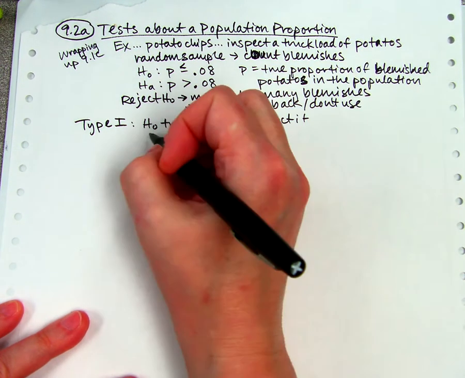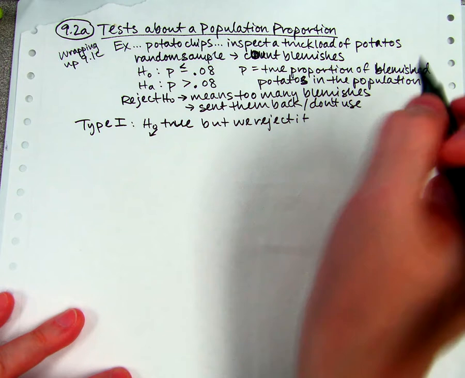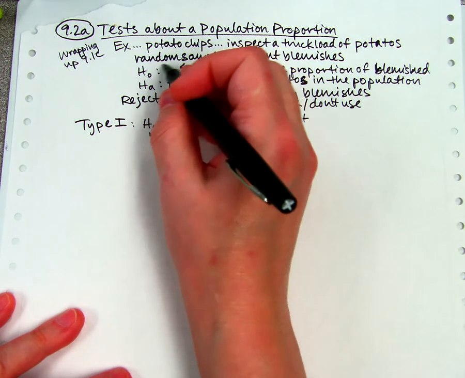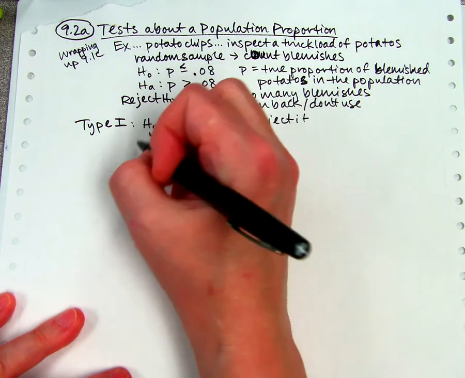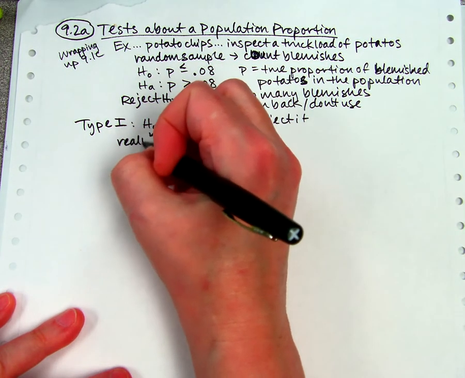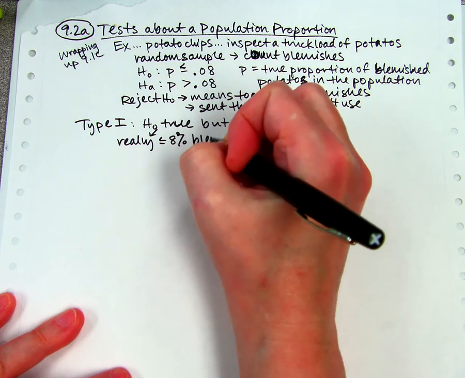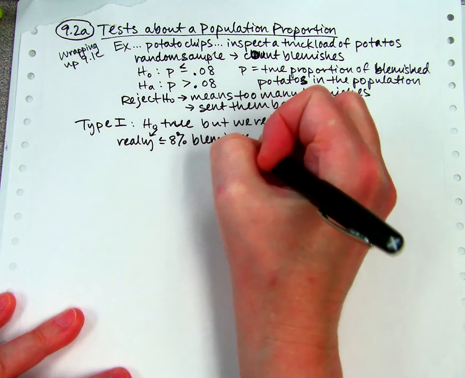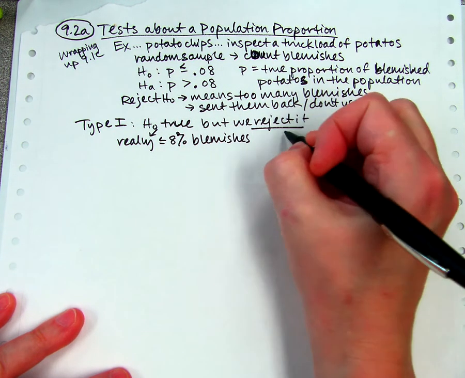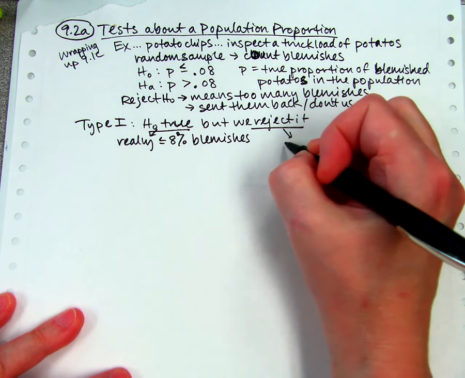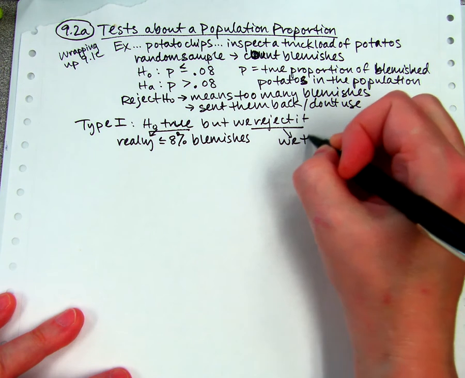That means the null is true. Let's put that into context. Null is true means there really are less than or equal to 8% of the blemishes. Got to write that word again. But we reject it, which means we think there are more.